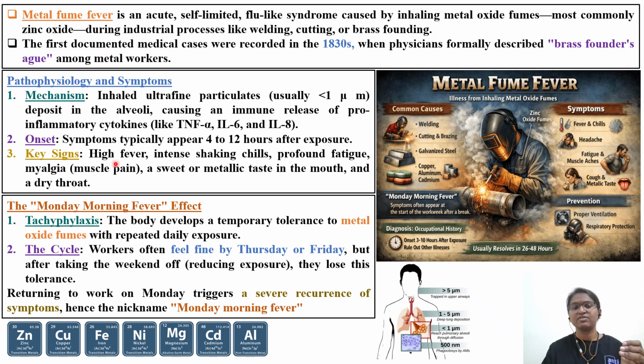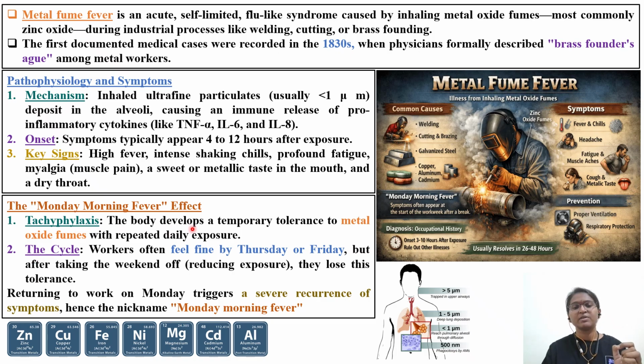Key signs are high fever, intense shaking chills, profound fatigue, myalgia, that is muscle pain, a sweet metallic taste and dry throat. If the symptoms mention a metallic taste, you have to understand it is probably because of heavy metal poisoning. As I told you, historically this metal fume fever is also known as Monday morning fever. Why it is called that, we'll see.